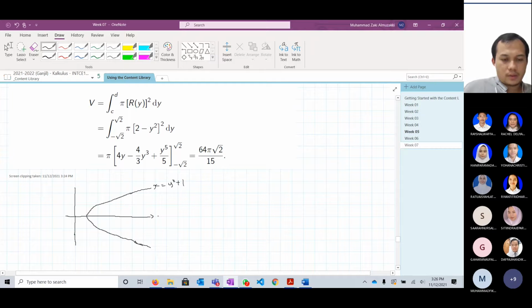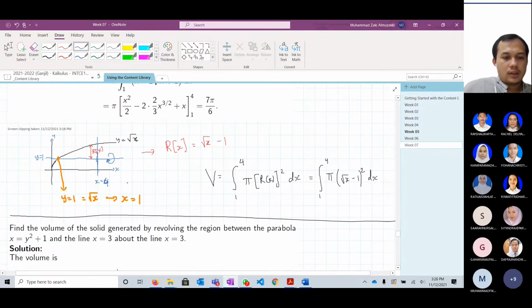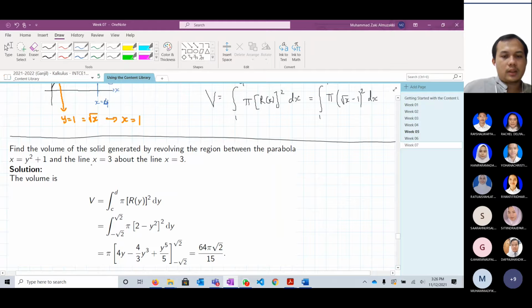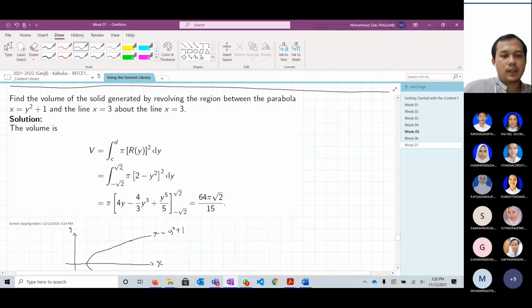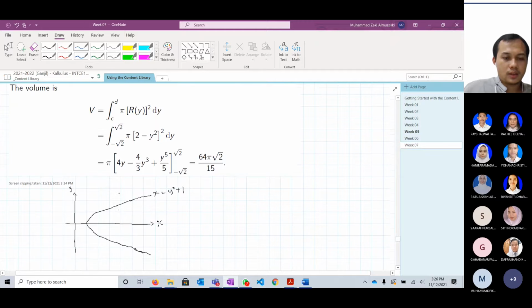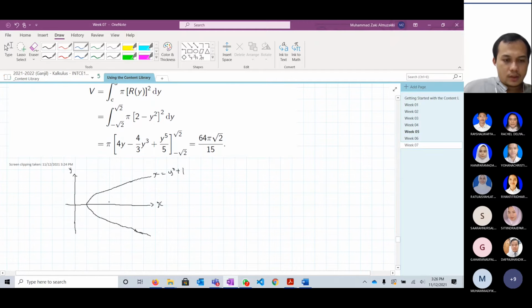We have the x-axis, and the vertical axis is the y-axis. And we also have the region between the parabola and the line x equals 3. x equals 3 is this line. This is 1. This is x equals 3.